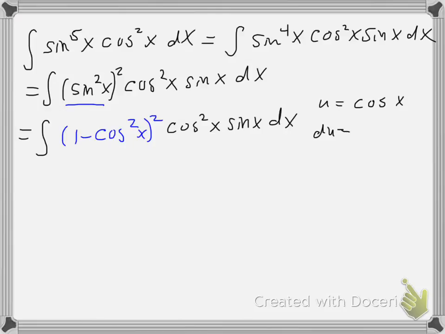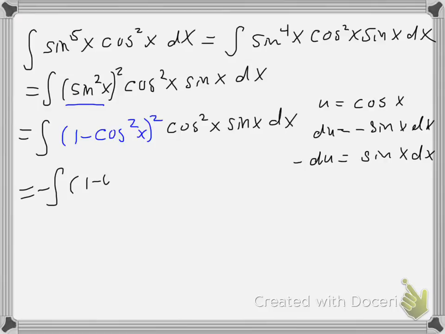Then du will simply be equal to negative sine of x dx, which is the same as saying negative du equals sine of x dx. So we can rewrite the integral to be negative the integral of 1 minus u squared squared times u squared du.